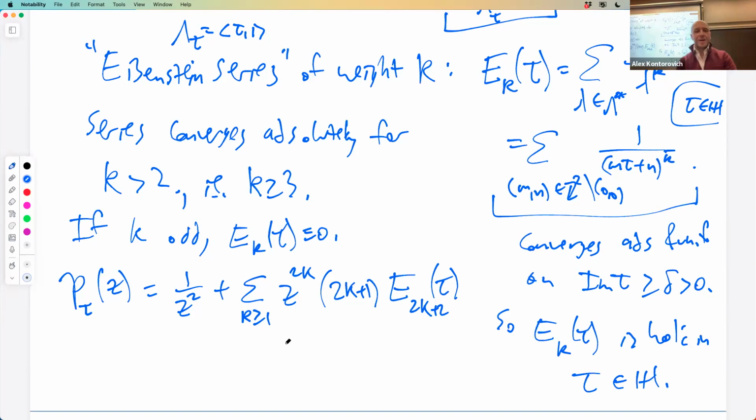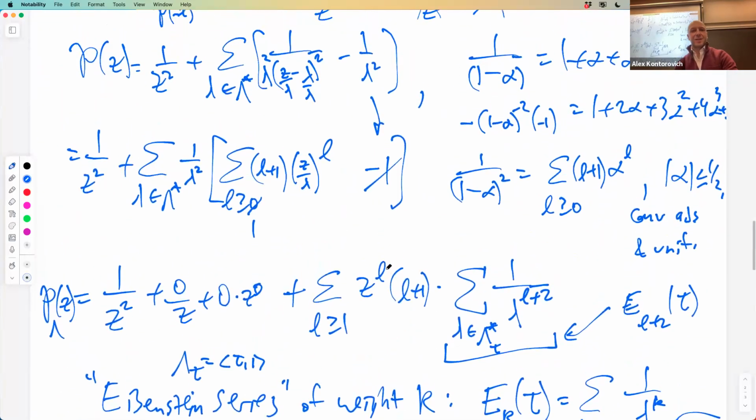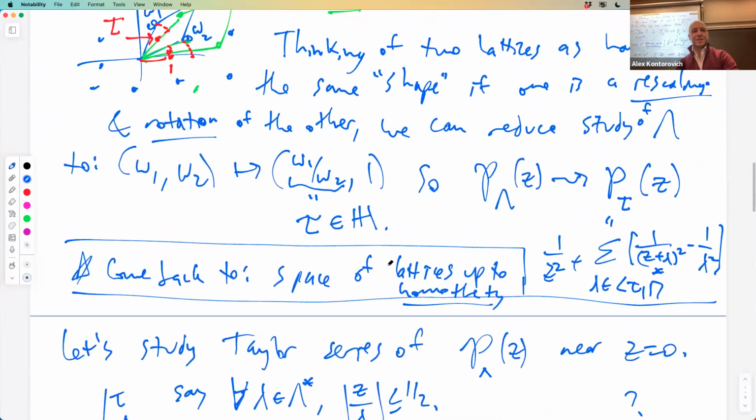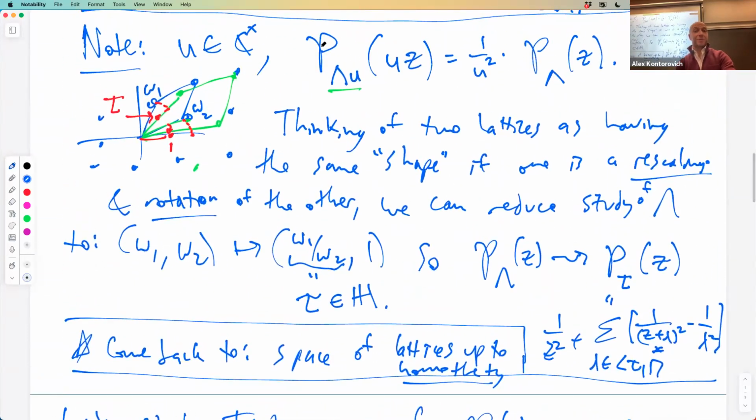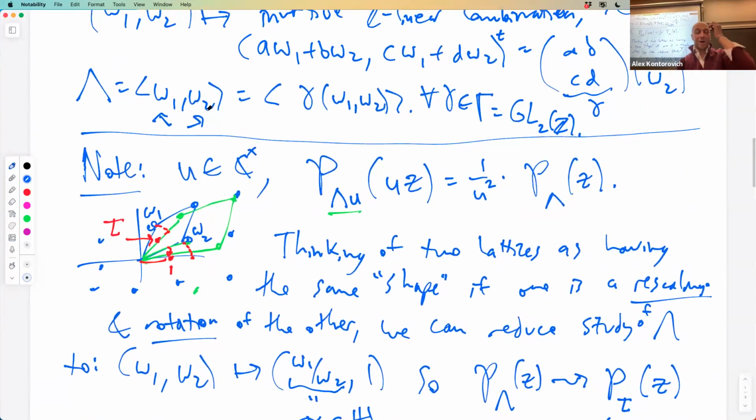So now let me ask again about the space of lattices. Two lattices are completely equivalent. P really doesn't change at all, not just up to homothety, but completely equivalent. If I make a change of variables, if I change w1 and w2 by an element of GL2(Z).